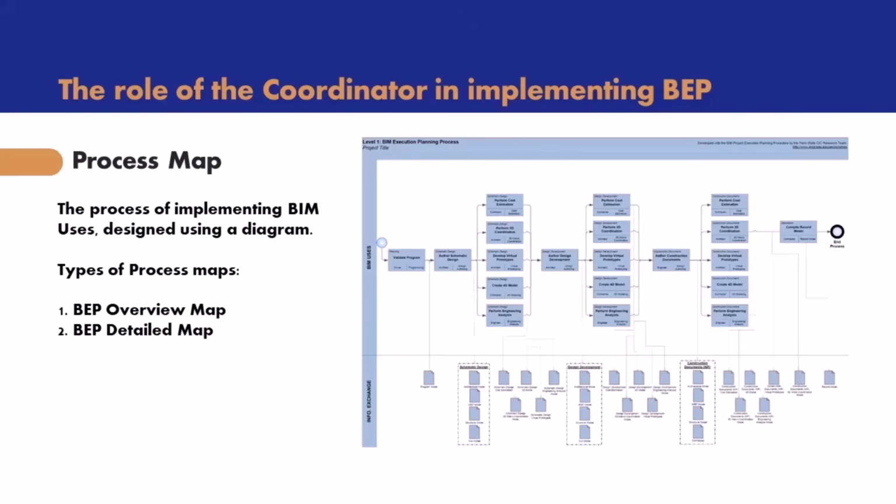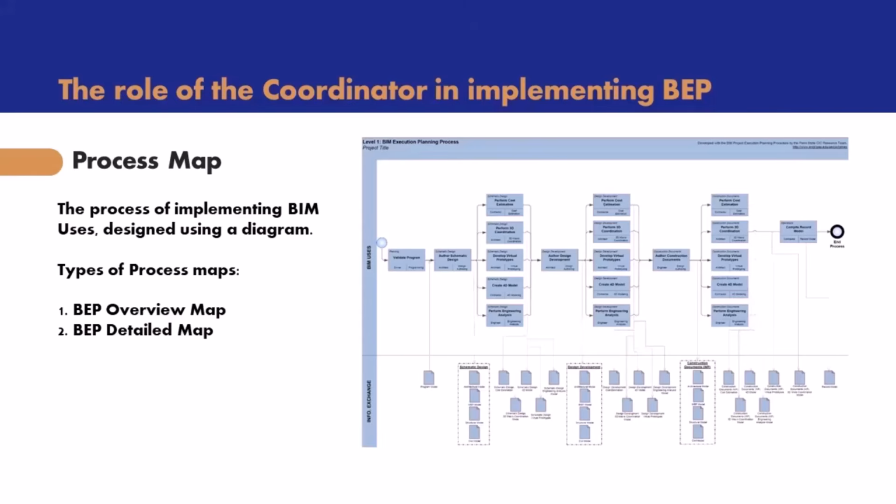As you can see, we have a diagram here in this picture. That is, we actually show the execution order of each of these in the process map, which is the same as the general process of project implementation. Because this ends with the goals of our client. Okay, we have types of process maps. Here, two types: BEP overview map, the first one. It is the arrangement of BIM uses that is designed based on the diagram.